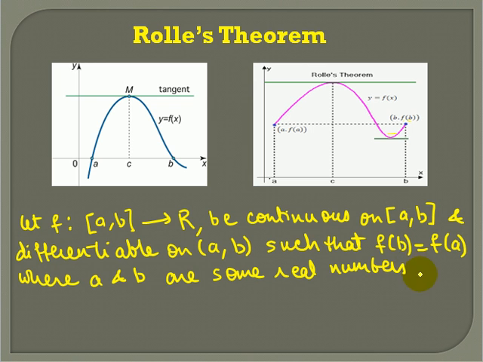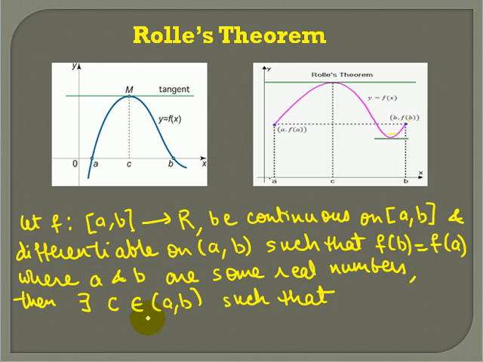So we can say that there exists a real number c belonging to this open interval (a, b) such that the slope of the tangent at the point c will be equal to 0. Now the slope of the tangent can be denoted as the derivative at that point, so f'(c) will be equal to 0. That is what is claimed by Rolle's. So this is our Rolle's theorem.